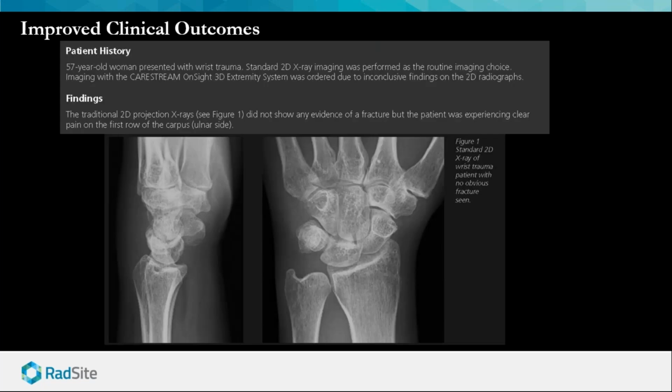Thanks. So another example of where cone beam is superior to the standard of care typically utilized at the moment is comparing against 2D radiography. Here's an example of a 57-year-old woman who had wrist trauma. The traditional workup is 2D projection X-rays, where the radiologist couldn't see any evidence of a fracture, but the patient had real pain in the first row of the carpus.